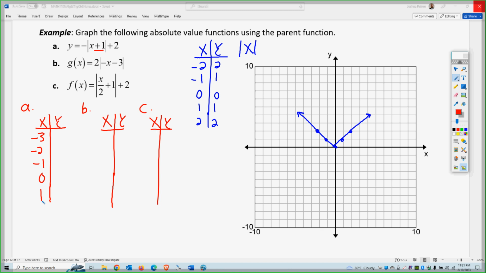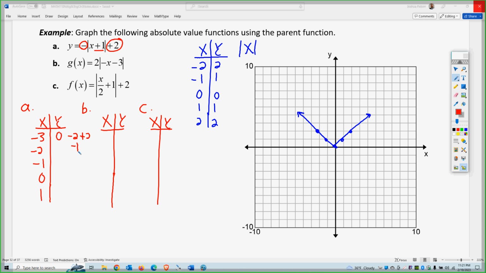Okay, so the next thing that's going to happen is the y values are going to change. This is going to be a reflection, and this is going to be a translation. The reflection happens first, so it only affects the y. So I'm going to negate the y, and I'm going to add 2. Basically I get -2 plus 2, I get 0.